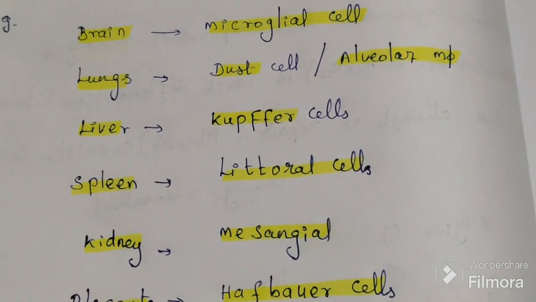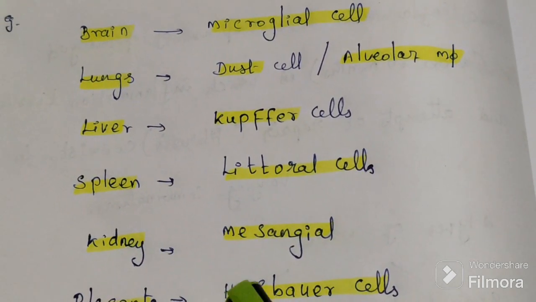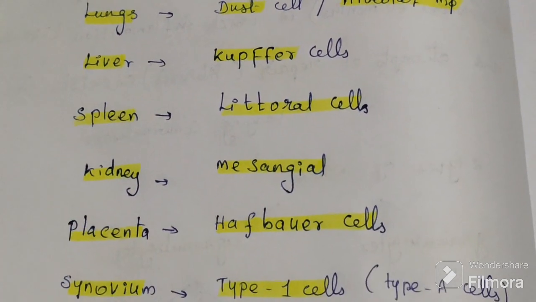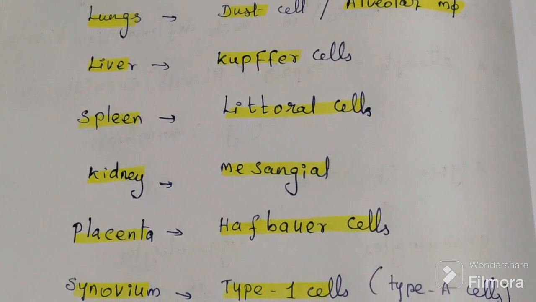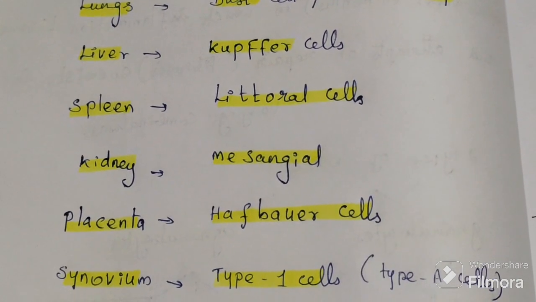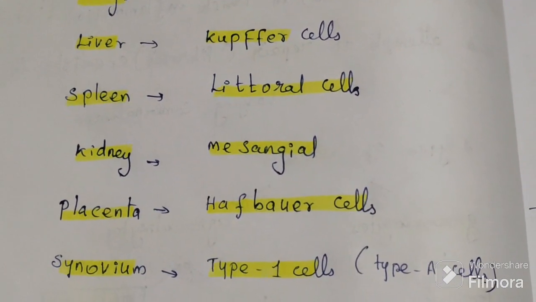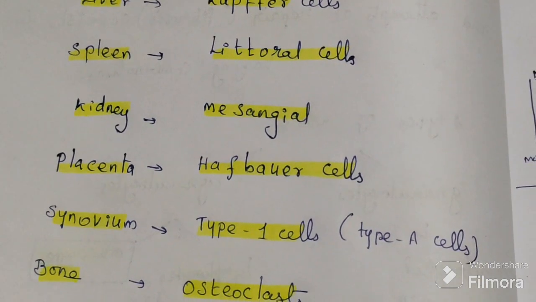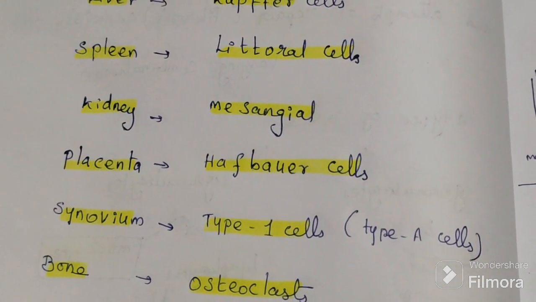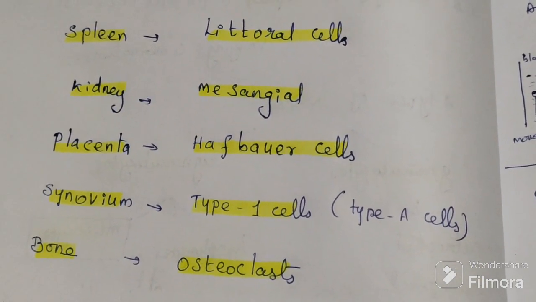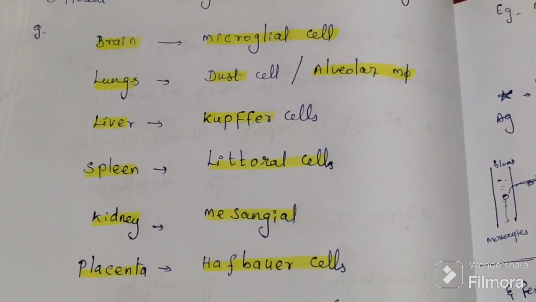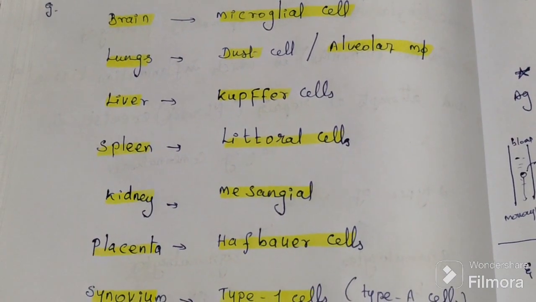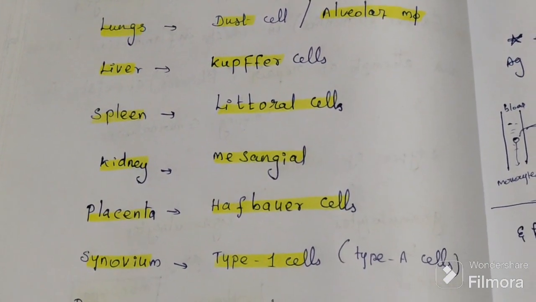In kidney, they are known as mesangial cells. In placenta, they are called Hofbauer cells. In synovium, type A cells. In bone, osteoclasts. These are the different names given to modified macrophages in different organs.